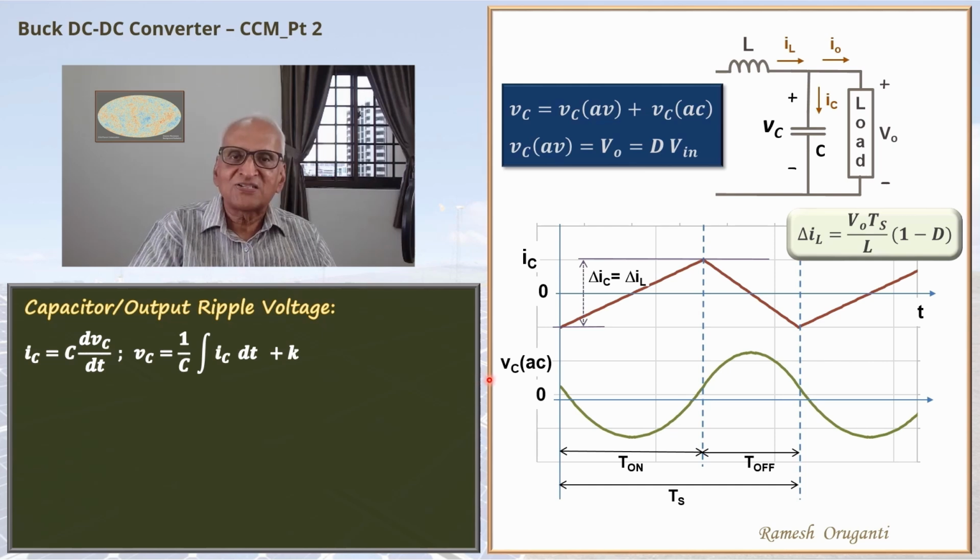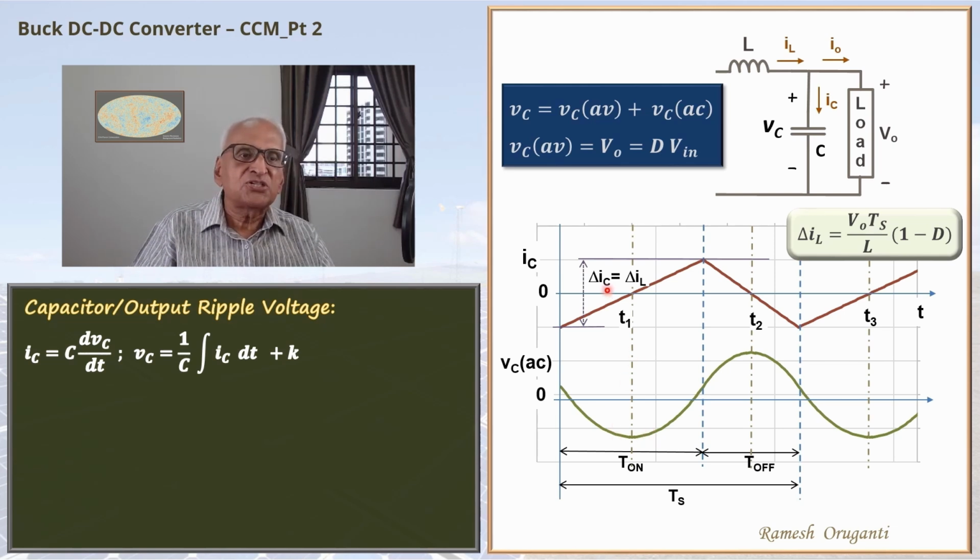I will mark additional time points T1 and T2 at the zero crossings of the capacitor current waveform. At T1, the capacitor current is 0. Since the capacitor current is 0, dVc by dt is 0. That means the slope of the capacitor voltage is 0. The slope of Vc is 0 here.